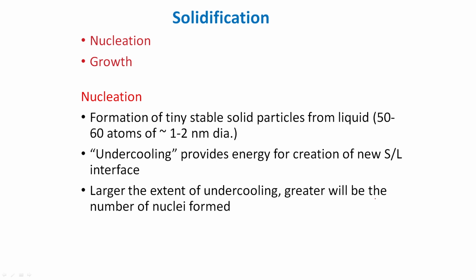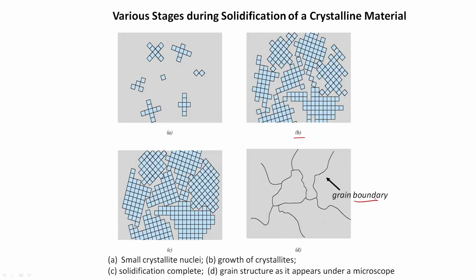So, the size of these nuclei is very small, a couple of nanometers in diameter. And as we talked about with cooling curves, undercooling is fundamentally required to create energy between solid and liquid interfaces. You see here this nucleus is solid and outside there is liquid, therefore there is an interface between solid and liquid.